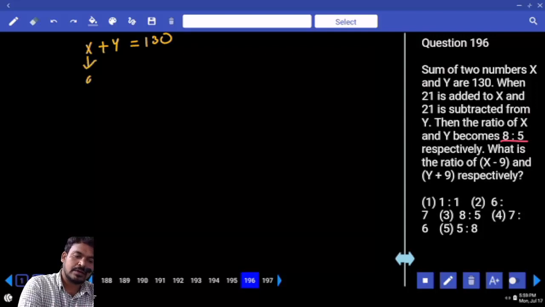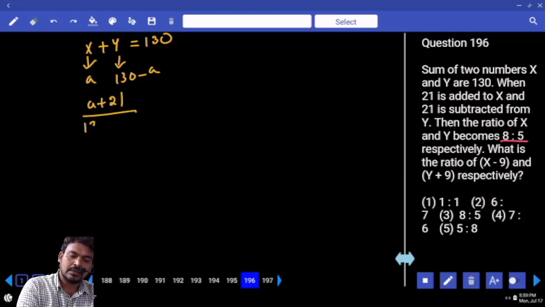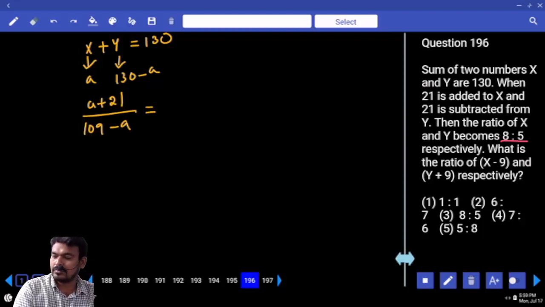Suppose the x value is a, then the y value is 130 minus a. So (a plus 21) by (130 minus a minus 21), which means 109 minus a, equals 8 by 5.